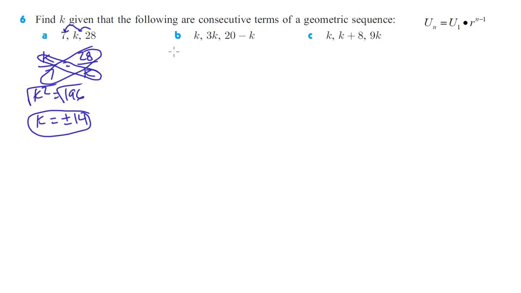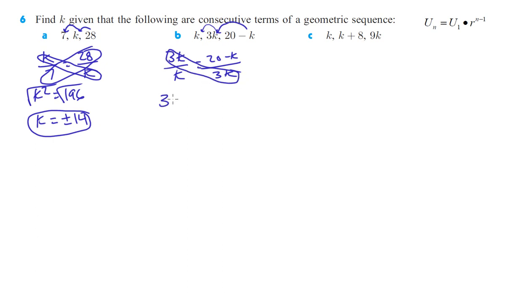For b, 3k over k, this divided by this should equal 20 minus k over 3k. Then we're going to cross multiply.